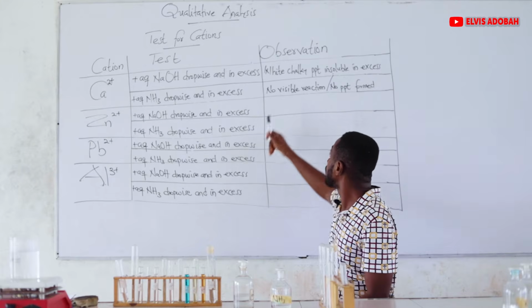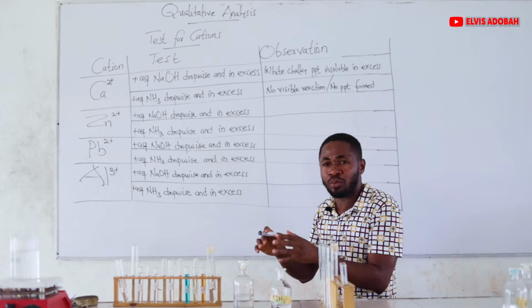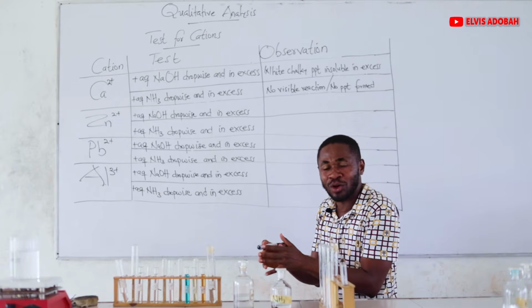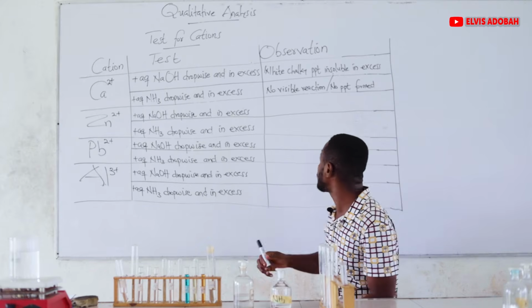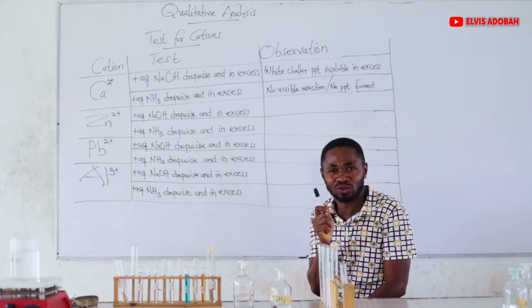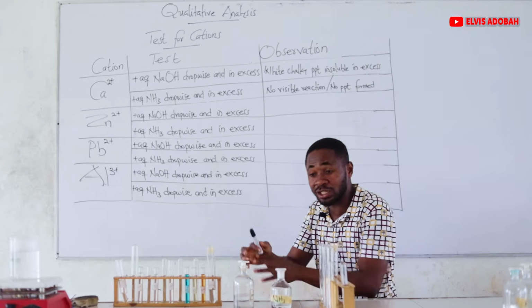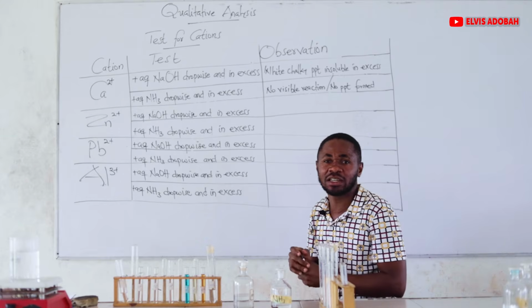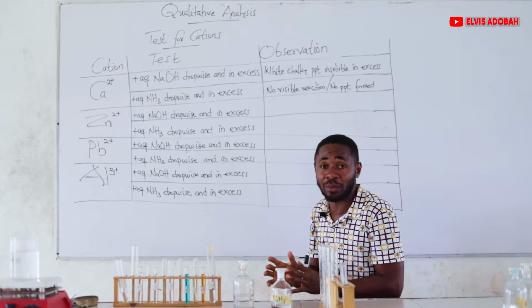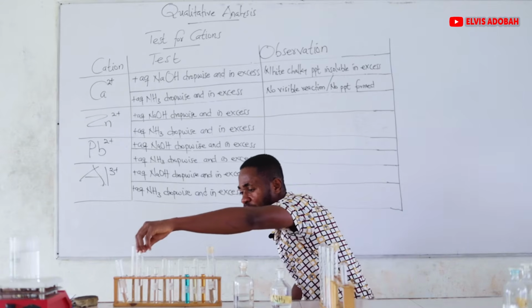We said no visible reaction. There probably might be a reaction going on, but the thing is, we cannot see the reaction. So if you write no reaction, that is wrong. No visible reaction. A reaction is going on, but we are not seeing any signs that show that a reaction is happening over there.